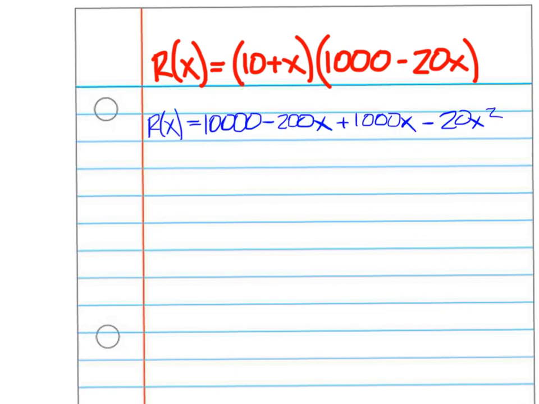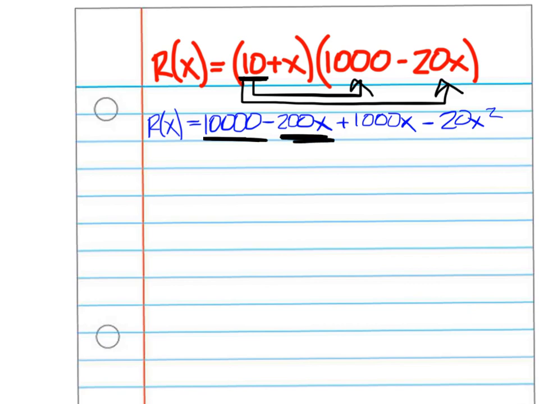Alright, so if we multiply those two expressions together, we have to go all the way back to the FOIL method. When you multiply two quantities together, you start with 10 and multiply it by 1,000. That is where 10,000 comes from. Then you stay with the 10 and multiply it by the minus 20x.